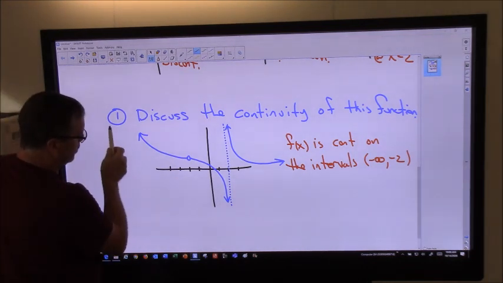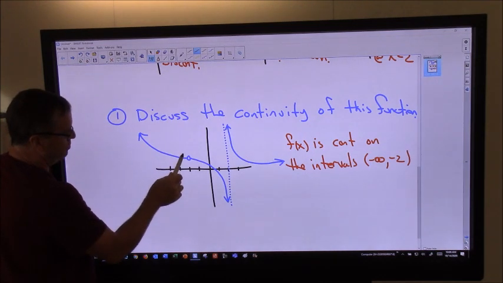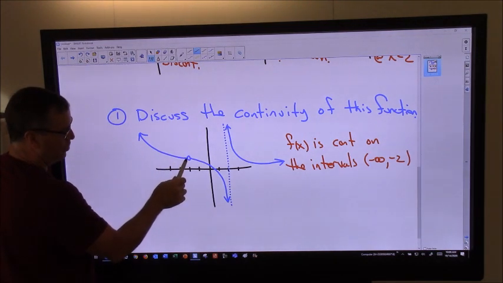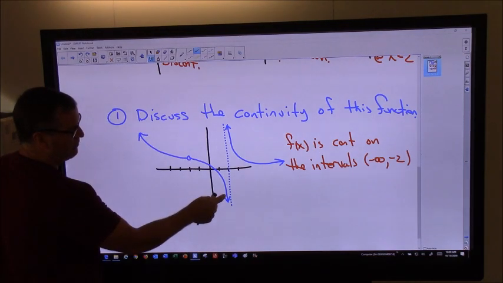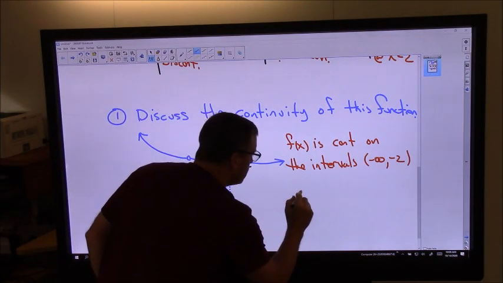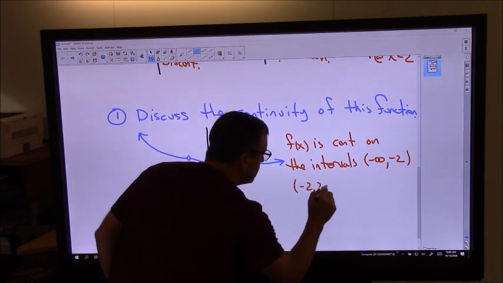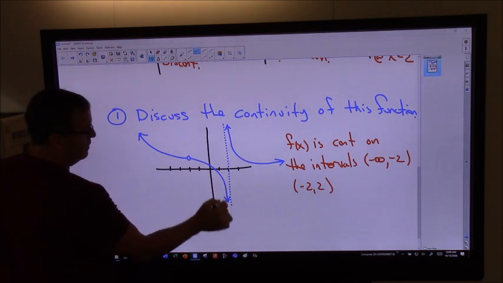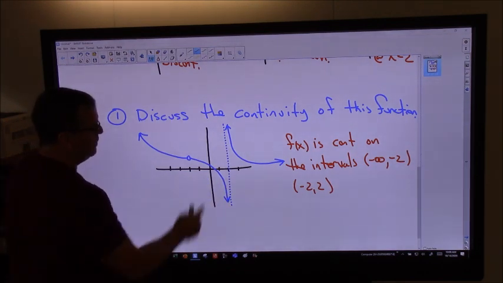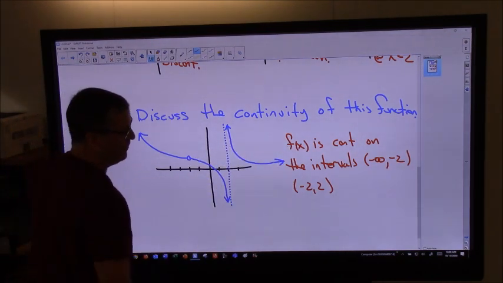So this function is continuous from -infinity all the way up to -2. Got an open circle, so that's why I have a parenthesis there. And then from -2 to +2, still using parentheses because we got an open circle on this side and an asymptote on this side, and then from 2 off to infinity.